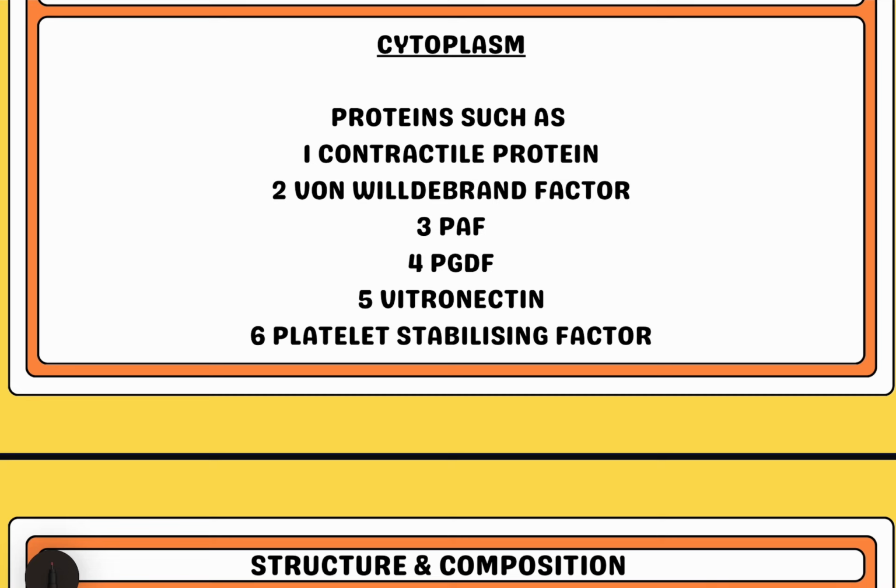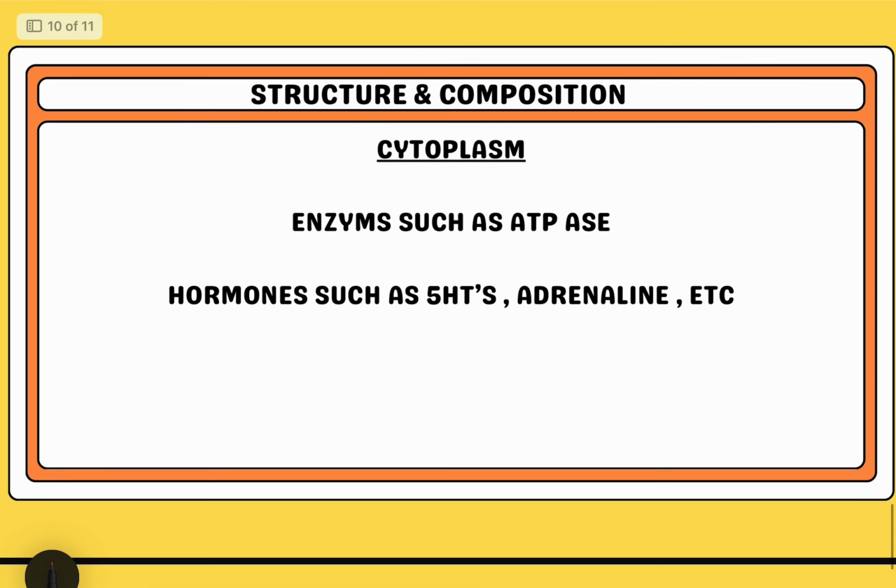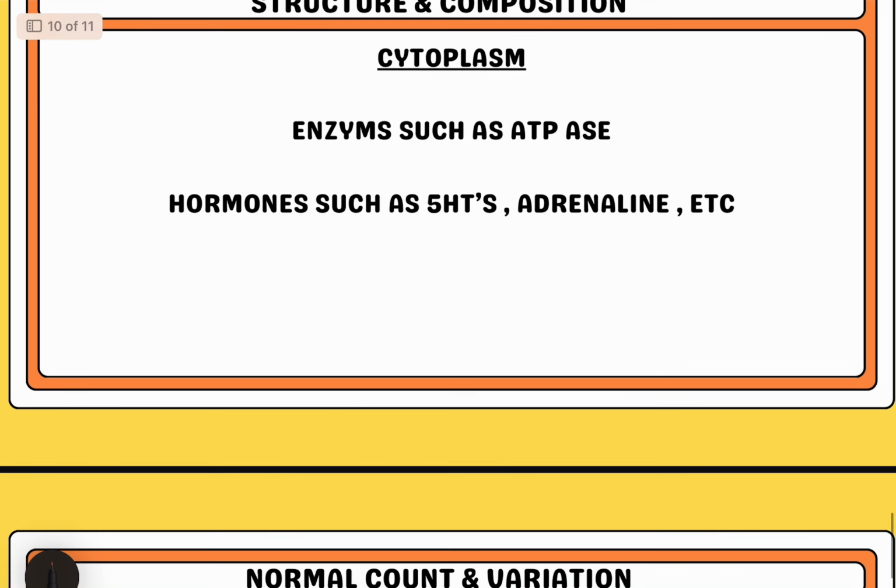This is very important because the platelet stabilizing factor actually prevents the formation of new blood vessels at the site of the injury. Along with the proteins, it also has other components such as enzymes, for example the ATPase, and hormones such as 5-HT, adrenaline, etc.